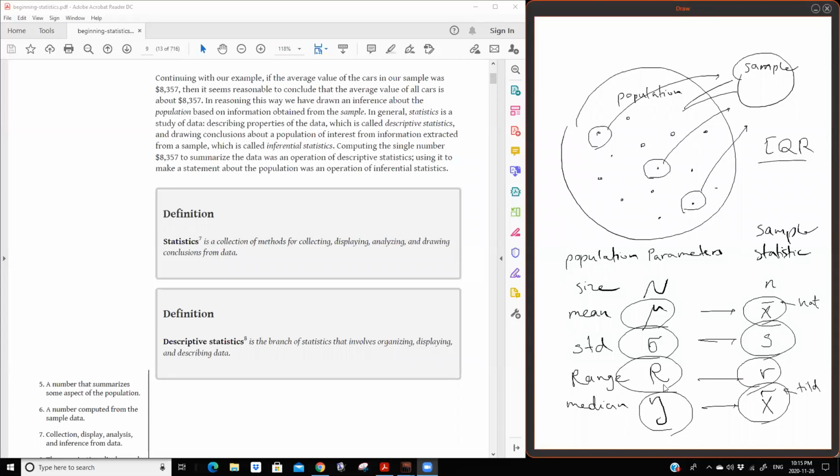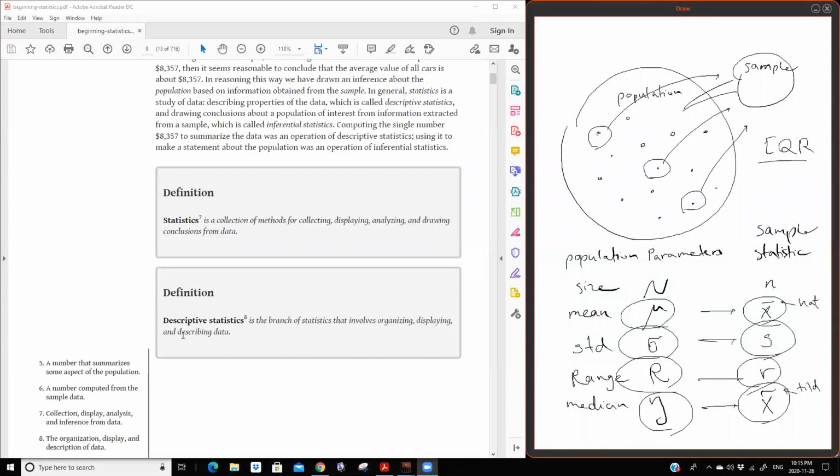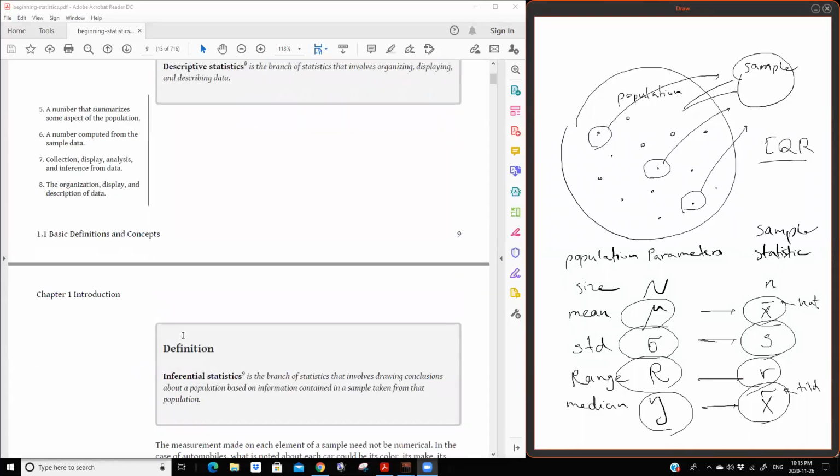So in this course, we mostly focus on this type of stuff, but there is a much bigger and much more important branch of statistics called inferential statistics. It is the branch of statistics that involves drawing conclusions about a population based on information contained in a sample taken from the population. A big part of inferential statistics is modeling.